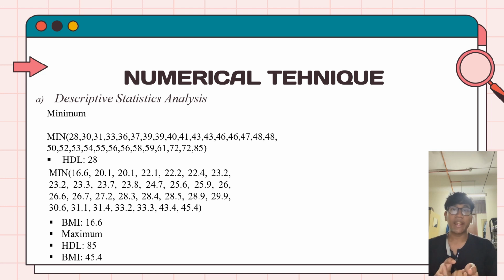The maximum HDL value is 85, indicating the highest observed HDL levels, whereas for BMI it is 45.4. This insight provides essential information regarding the range of value present in the HDL and BMI dataset, in understanding their variability and potential outliers.